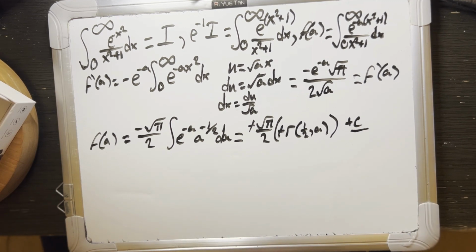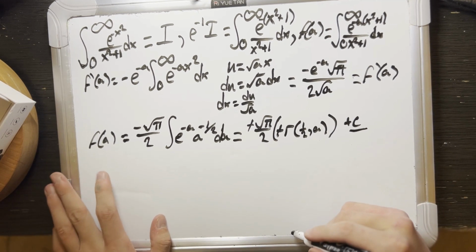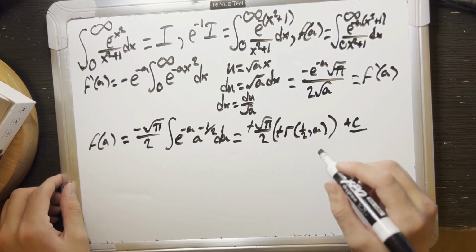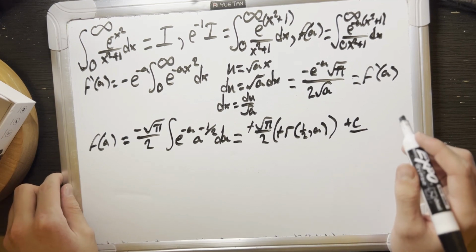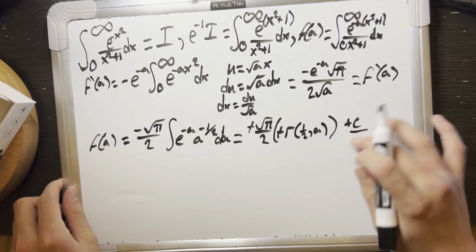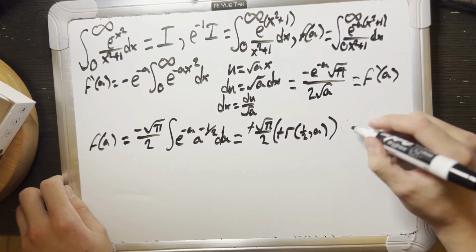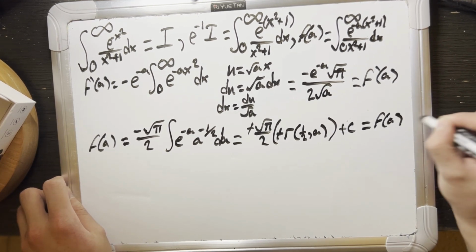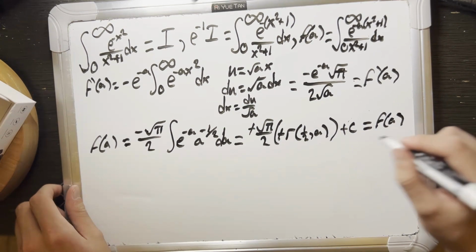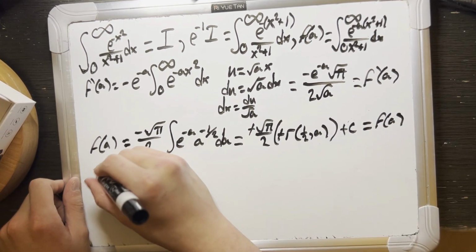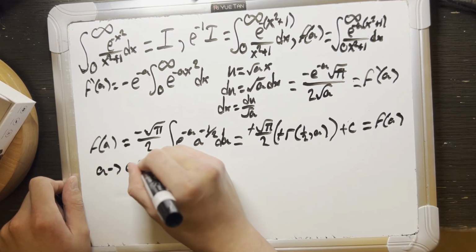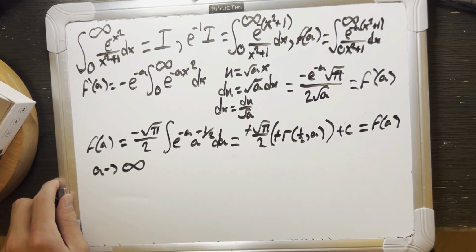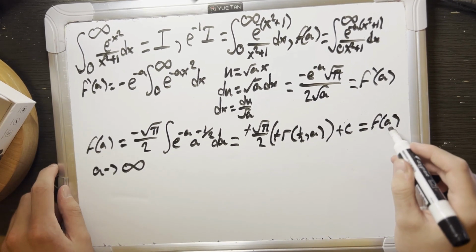That can be done fairly trivially. Now, okay, so we're going to let a go to infinity because, if you recall, plus c, sorry. If you recall, this is actually equal to f of a. So we have to find, when a equals infinity, we're going to let a go to infinity so we can find c. Okay, so f of a is up here.